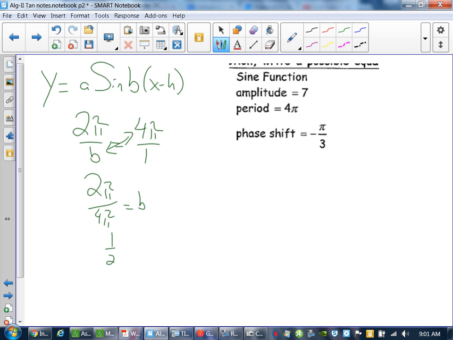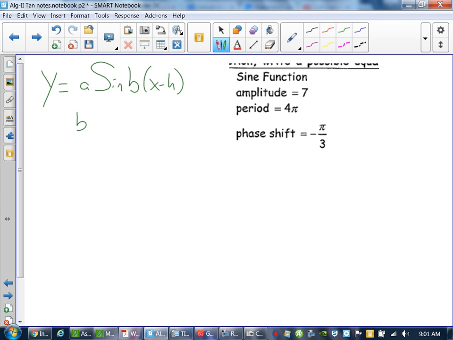So that gives you a b value of 1/2, an a value of 7, and an h value of negative pi over 3. So you just write it out as 1/2 sine, oh, wait, sorry, my b value, I got my half and the 7 mixed up because they're so similar.